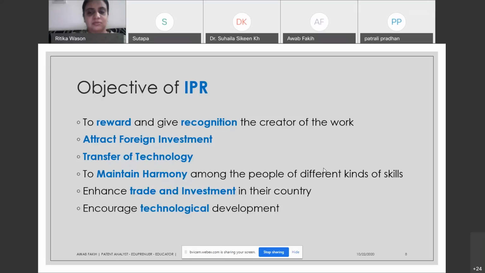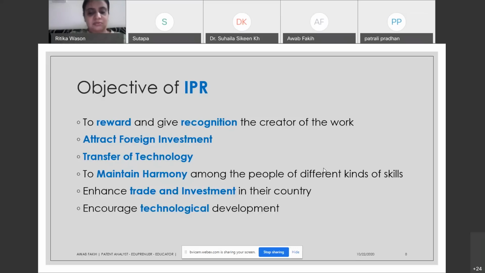This is important not only in maintaining harmony, but also for recognizing the work of the intellect in different fields. IPR can also enhance trade and investment in the country, and this is obvious by now. The development of technology and innovative work would enhance trade in a particular nation. Economic status will also improve.